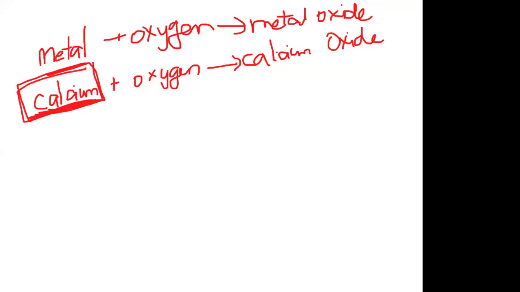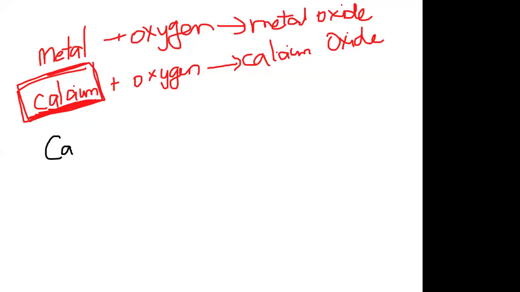So what we said a while ago is when metal atoms are uncombined, they exist as single entity. So all we write is the symbol of the metal. What is the symbol of the calcium metal? Ca, capital C. And we said that all metals are solid.